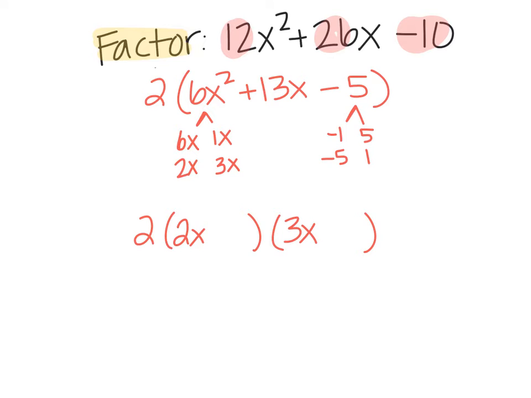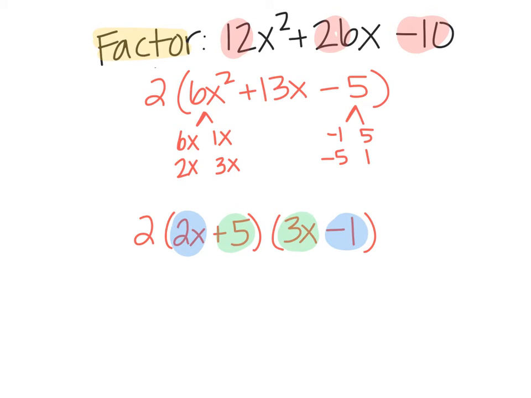And then if I want to use the positive 5, and I want that to go with our 3x, we need to add 5 and subtract 1 here. And then since we use outside inside, that would put 2x and negative 1 would be negative 2x, plus 5 times 3 would be positive 15x.